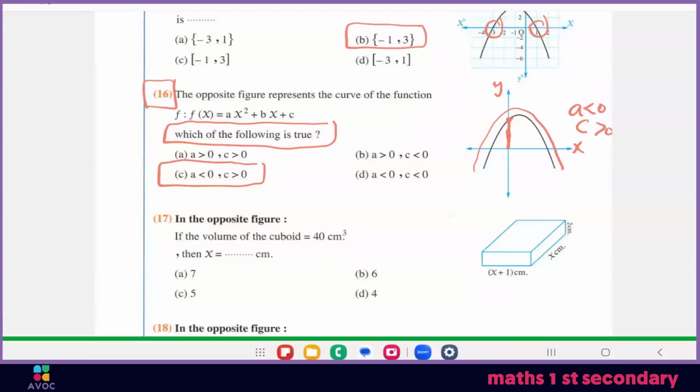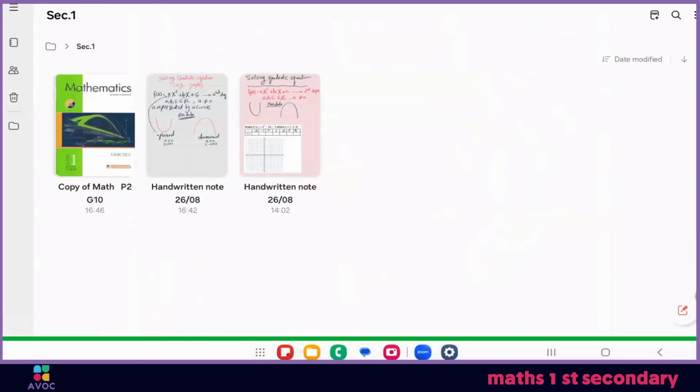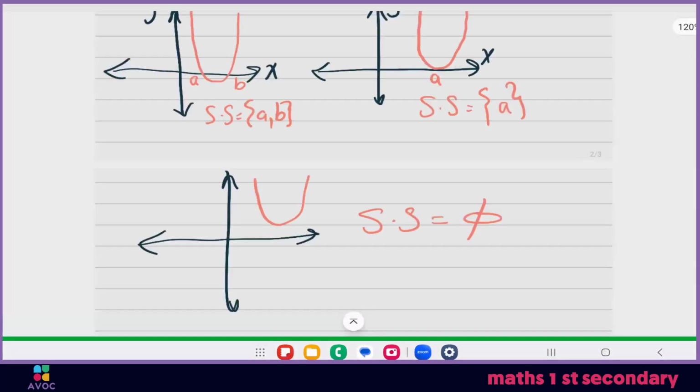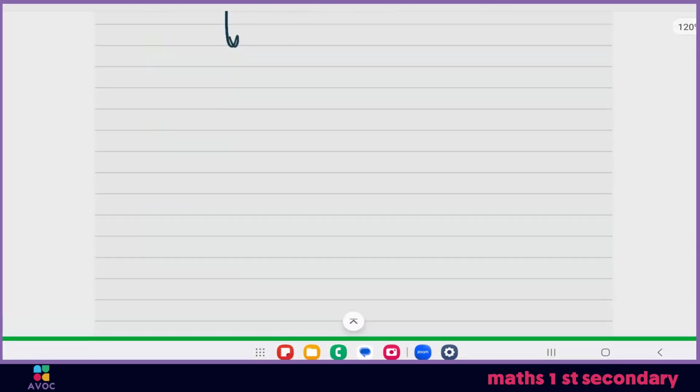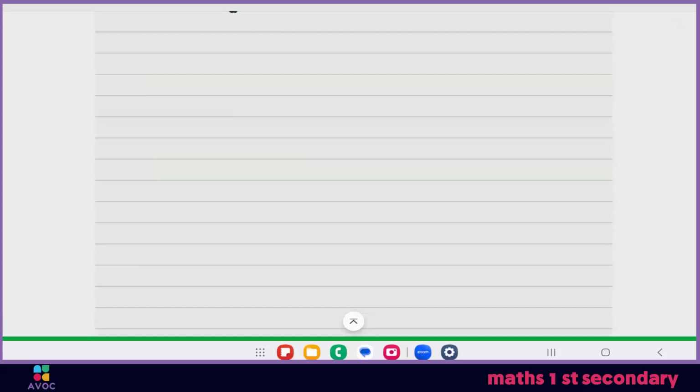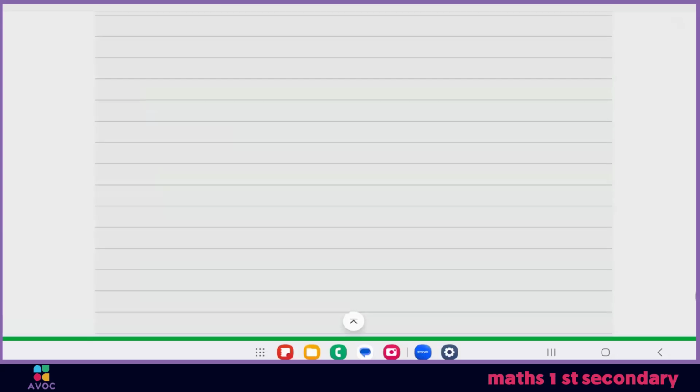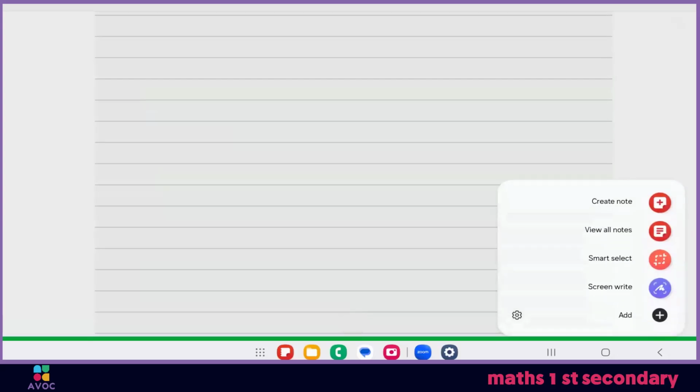Let us return to how to solve algebraically. Algebraically.